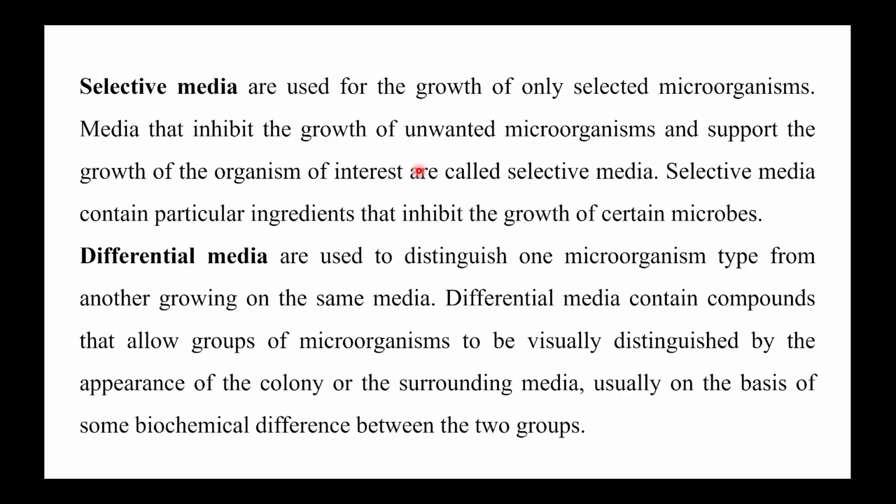So I'll show you examples. So this is the proper definition. Selective media are used for the growth of only selected microorganisms. Media that inhibit the growth of unwanted microorganisms and support the growth of the organism of interest are called selective media. Selective media contain particular ingredients that inhibit the growth of certain microorganisms.